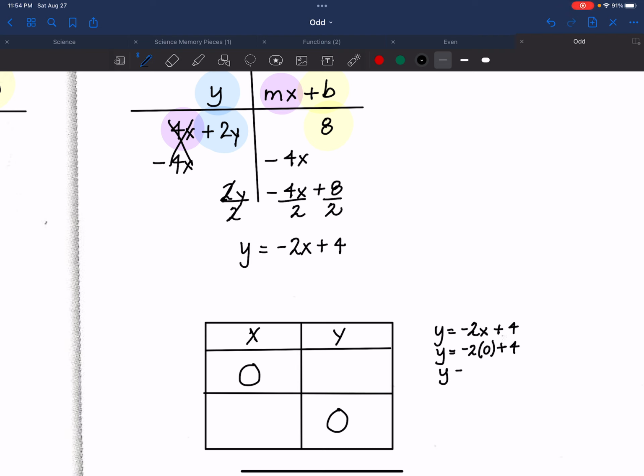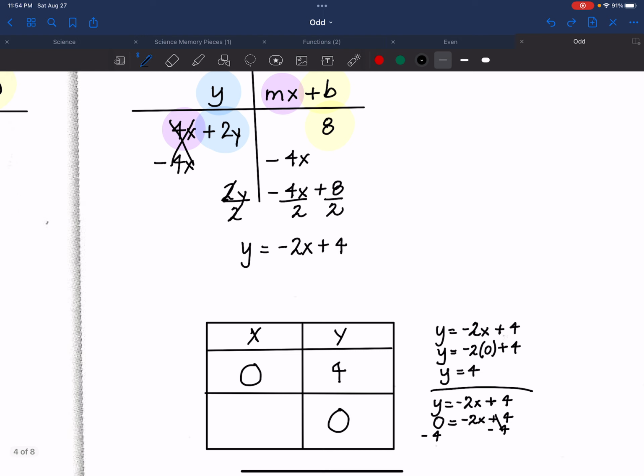So that leaves me with y equals 4. And then do it one more time to see what you get down here. And this time y is 0, negative 2x plus 4. So I'm going to move the 4 and cancel.